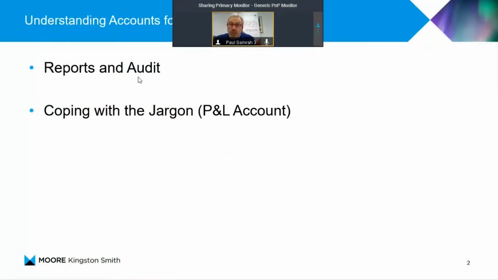So in part 1, we looked at accounting reference date, balance sheet date, and the year-end date, and covered off the cash and the accruals basis of preparing a set of accounts. We also started to dig into a set of accounts and picked up the director's report and what is included in the director's report.